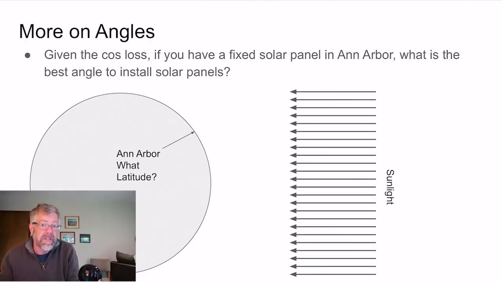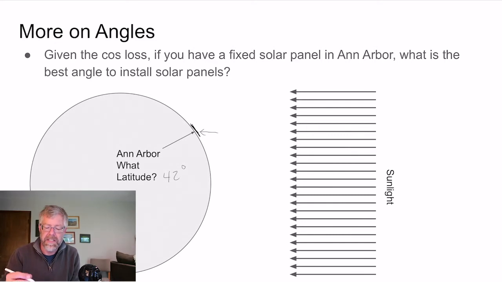Okay, but there are seasons on Earth, which in some ways is nice, in some ways sort of sucks. For solar panels, it sucks because the sun comes in at different angles. So if you're looking at March 21st, which is equinox, Ann Arbor is sitting up here. It's at 42 degrees latitude. If you were to put the panels flat to the Earth like this, then the sunlight would come in at an angle of about 42 degrees.